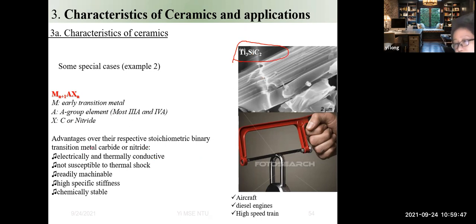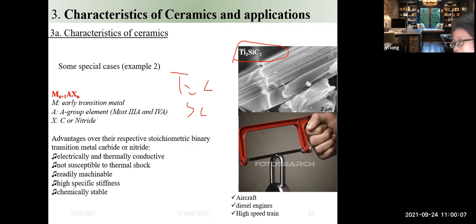So this material has an advantage over the respective binary transition metal carbide or nitride. If you compare with titanium carbide or silicon carbide, this titanium silicon carbide has better electrical and thermal conductivity. Interesting, right?